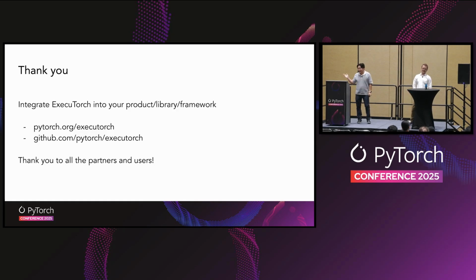I see so many familiar faces in this room, and because of the collaboration, we are able to successfully announce ExecuTorch GA. I also want to thank the teammates of PyTorch Edge for working really hard to come to this place. Thank you, everyone.